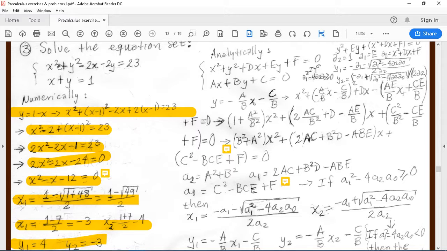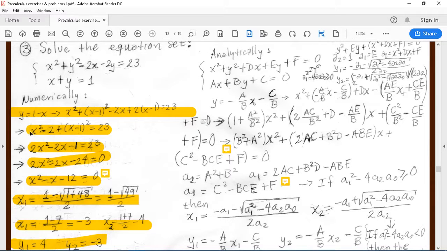So we have that x squared plus x minus 1 squared minus 2x plus 2 times x minus 1 equals 23. Remember that x minus 1 equals the negative of 1 minus x, so that minus cancels out with the other minus. We have plus here.